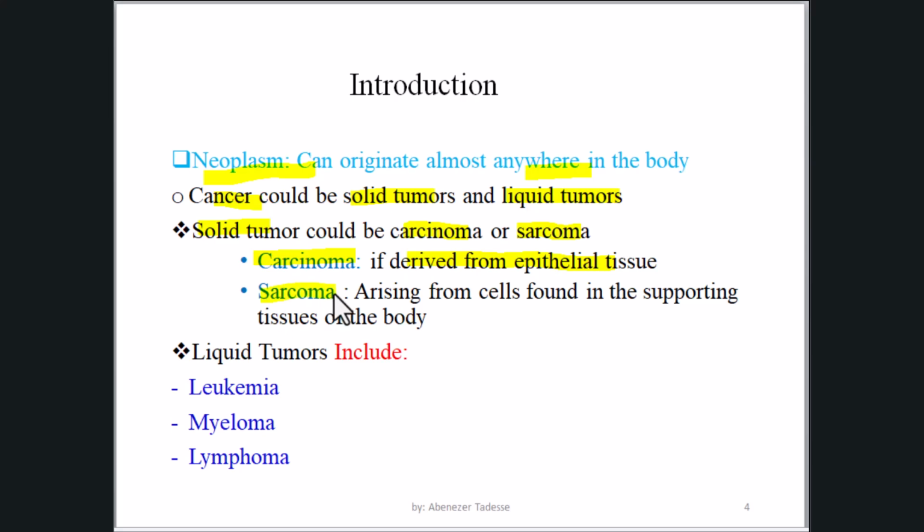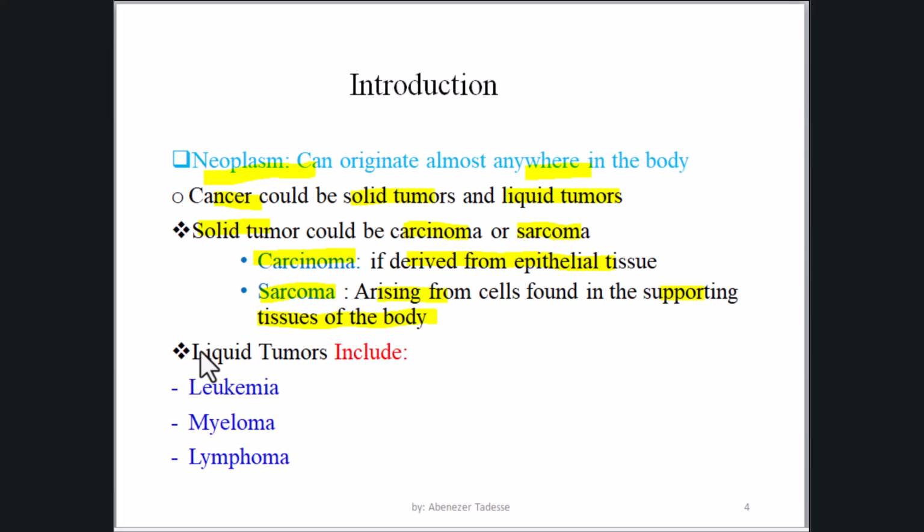Sarcoma is cancer arising from supporting or connective tissue cells, especially the cartilage, the muscle, the adipose tissue, and the different body parts that originate from the connective tissue.